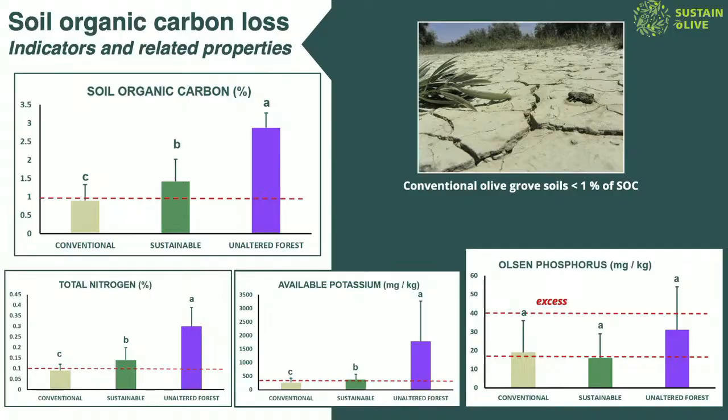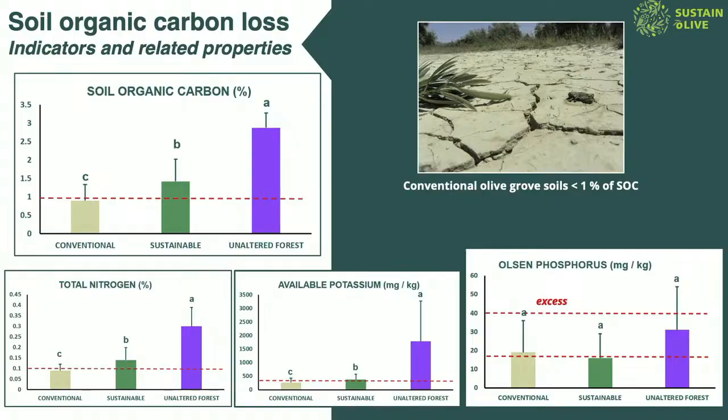So it's a problem, but we can see that in sustainable olive groves it exceeds this threshold and is approximately half of the unaltered forest.